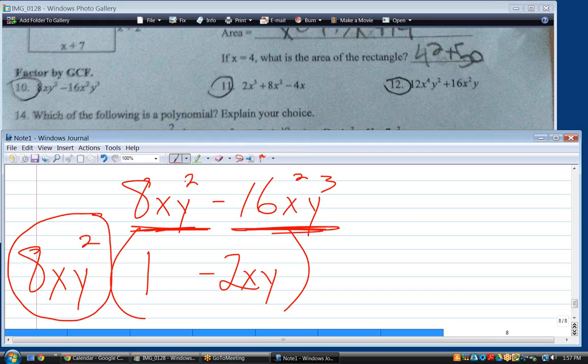Well, when I divide it into that term, I get 1. When I divide it into this term, I get minus 2xy. And you can check that by multiplying it back. When I multiply this times 1, I get this. When I multiply this times this whole thing, I get this. That's what greatest common factor is all about.